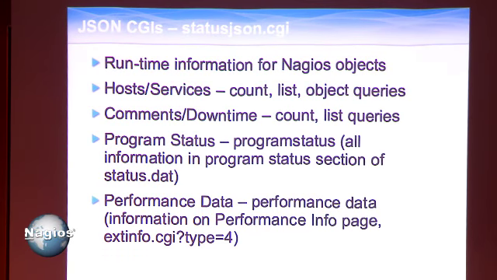And there are 2 kind of one-off queries in the status JSON. The program status is all the stuff that's in the program status section of the status.dat. And then performance data is all of the information that's on the performance info page in the current CGIs. It happens to be extinfo.cgi type 4.